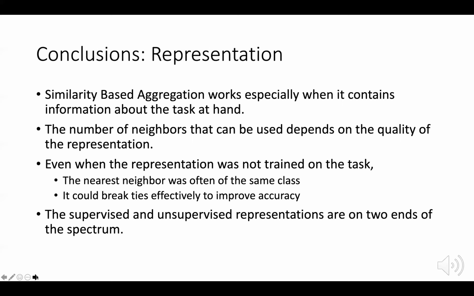For a very good representation, using more neighbors is good, but for a bad representation, using more neighbors can actually hurt performance. But with the unsupervised representation, it's nice to note that even if it was not trained on the task, it could still identify nearest neighbors that belong to the same class, and it could still effectively break ties and improve accuracy. So the supervised and unsupervised representations might be two ends of the spectrum.